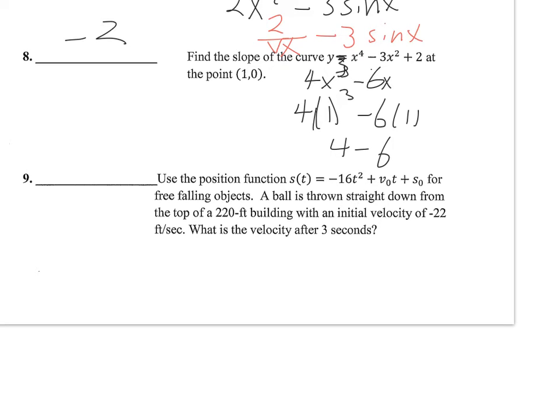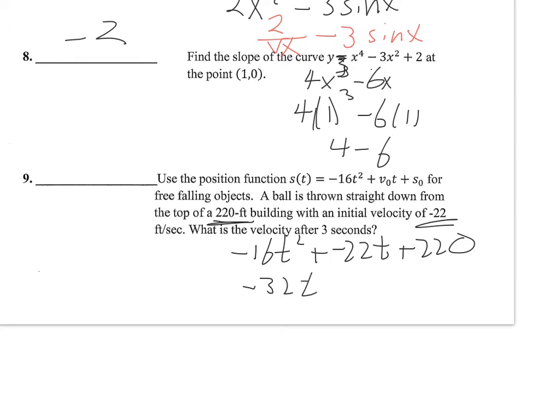Alright, it says that's our position function for a falling equation. A ball is thrown straight down from the building that's 220 feet tall. Okay, so that'll be my S of 0, and this will be my V sub 0. What is the velocity after 3 seconds? Alright, so we'll go negative 16t squared plus negative 22t plus 220, and now I'll find the derivative of that, which is negative 32t minus 22.